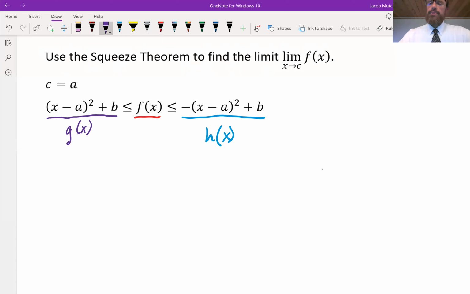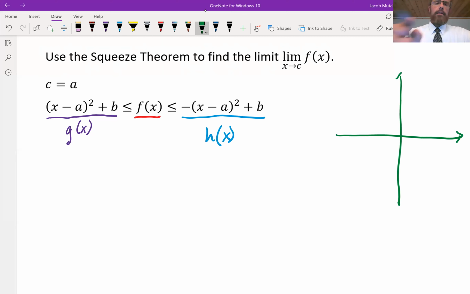I can't specifically graph where the purple and the blue function are, but I can put them in a way that's just roughly there. So if I think in terms of transformations again, this one's been shifted right a units, and it's been shifted up b units.